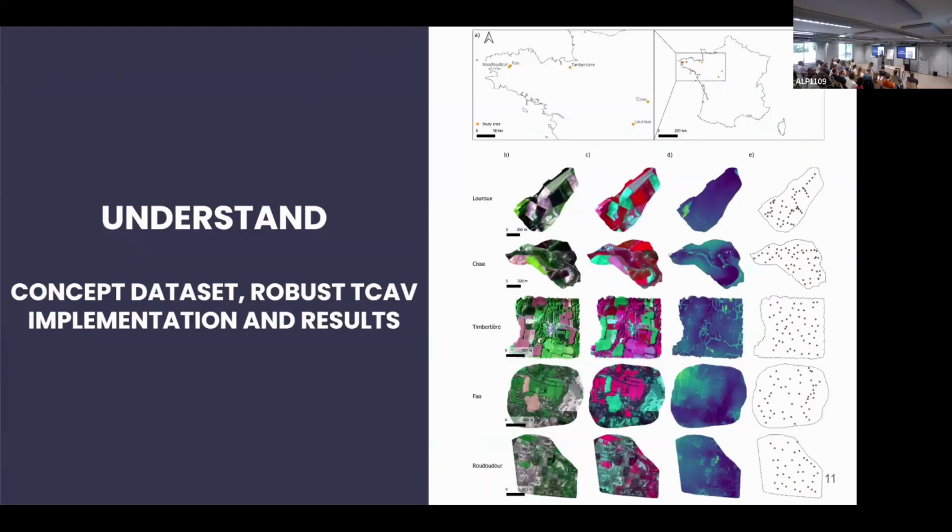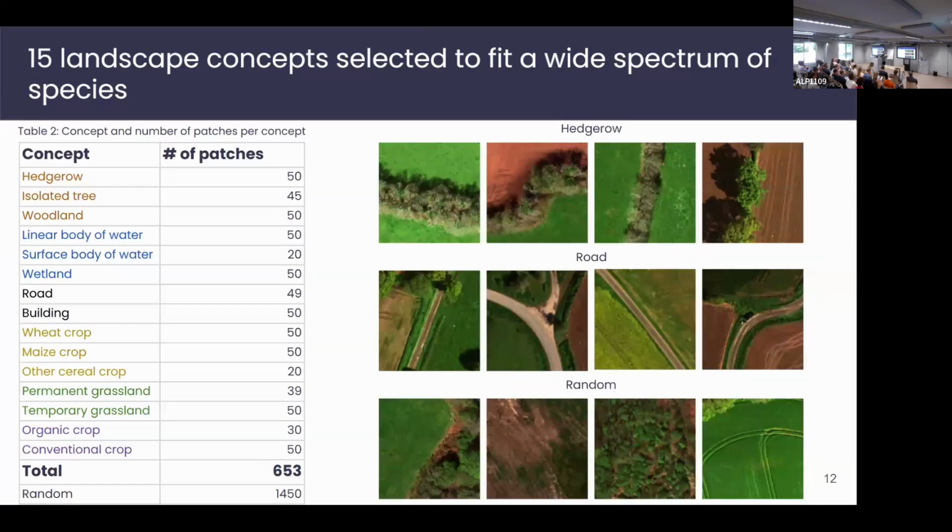So now that we have predicted the presence of our insects, we're happy, but we want to understand why they are where they are. For that, I told you we would be doing some concept-based XAI, so we need concepts. We chose 15 different concepts oriented toward land use and land cover classes.